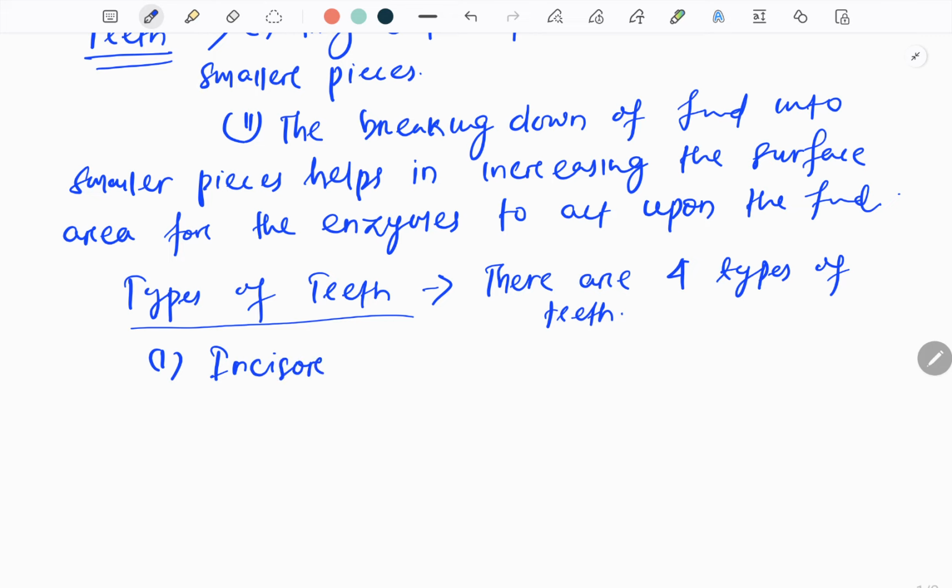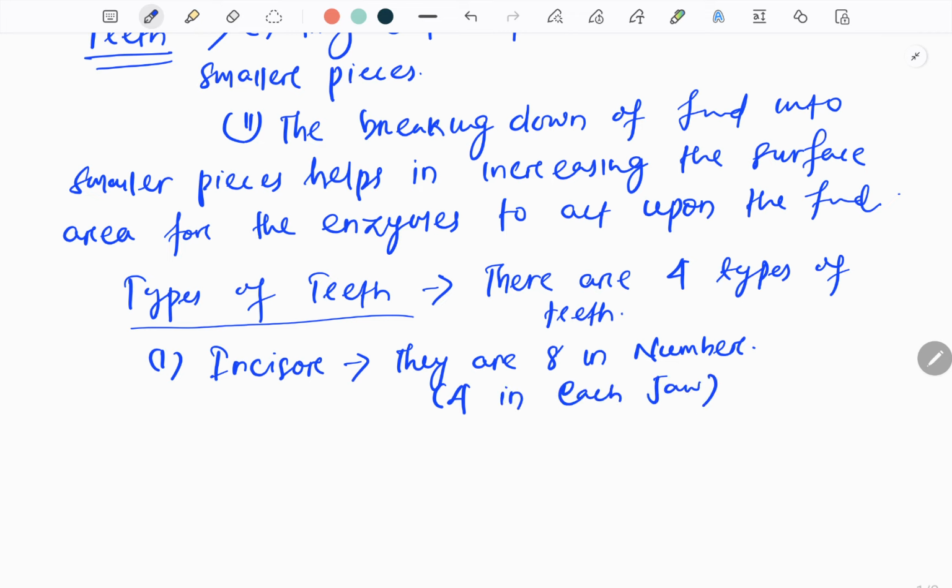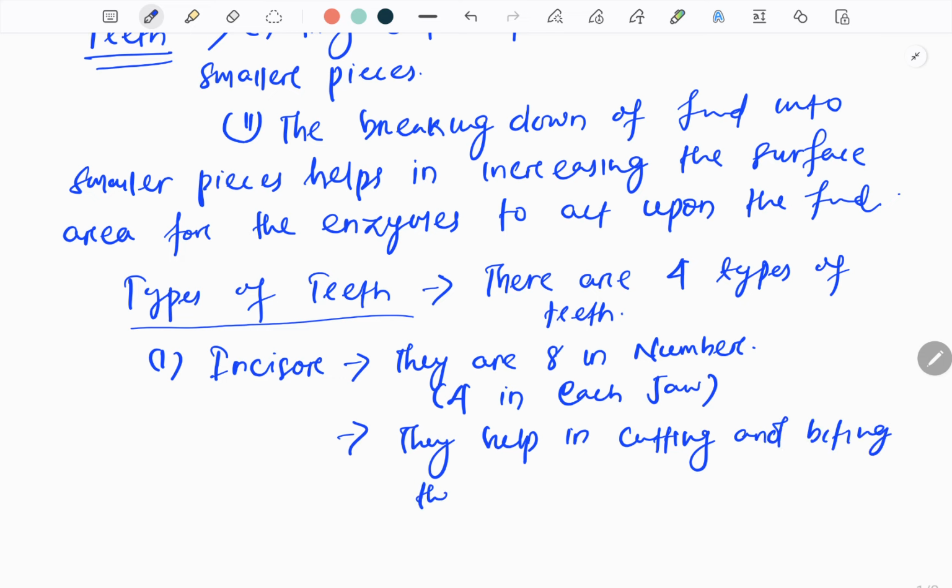They are 8 in number, 4 in each jaw. They help in cutting and biting the food. Getting my point? Incisors, they are 8 in number, 4 in each jaw, and they help in cutting and biting the food.